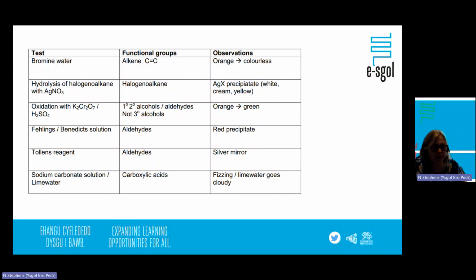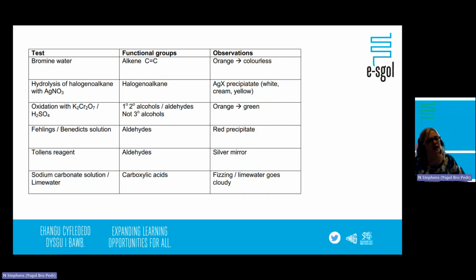Again, built upon in year 12 onwards, you know that the halogenoalkanes can be identified by carrying out a few steps, but then ultimately the final test being silver nitrate producing a precipitate of a certain colour.